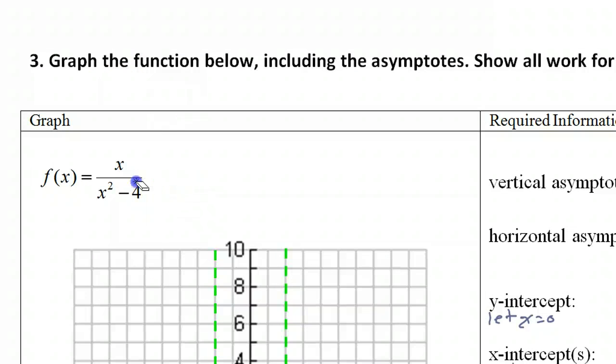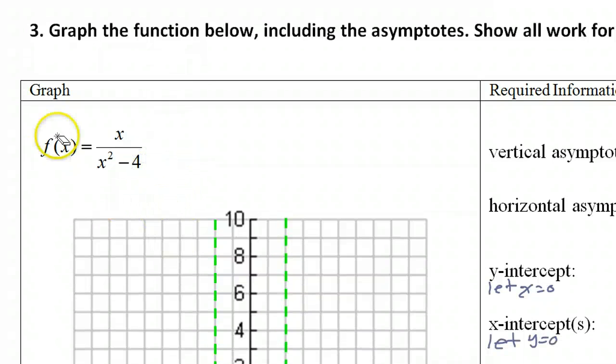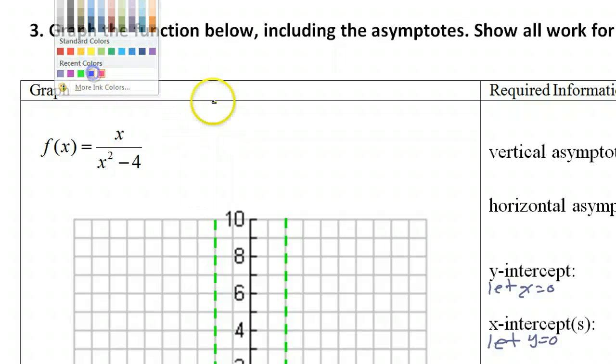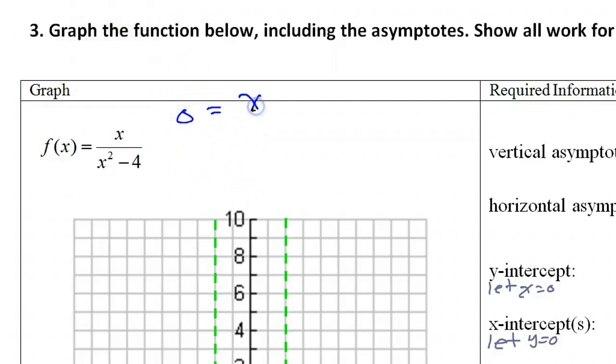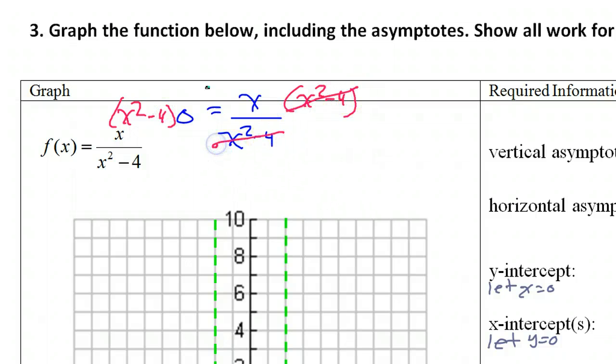But say you did not know the shortcut, you could still just let y equal 0. So this would become 0 equals x over x squared minus 4. To solve this, you would multiply both sides by x squared minus 4. So these would cancel out. On the right hand side, that's just going to leave you x.